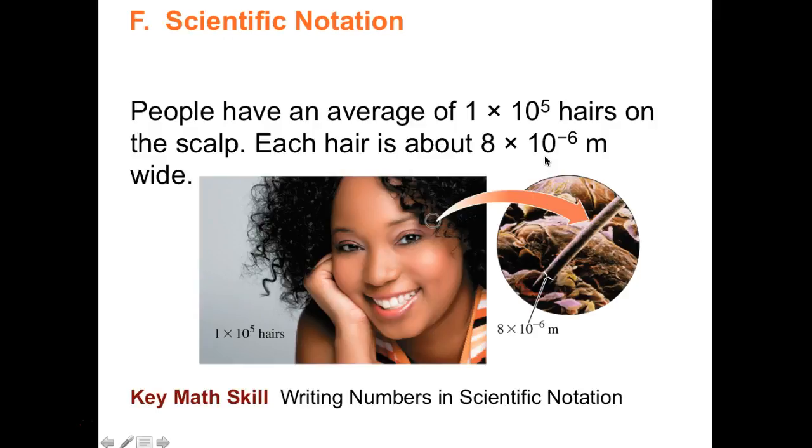If the number is less than 1, the exponent is negative. The exponent is on 10, as in 10 to the power of something. If the number is a large number, then the exponent is positive. The coefficient has to be a number between 1 and 10.